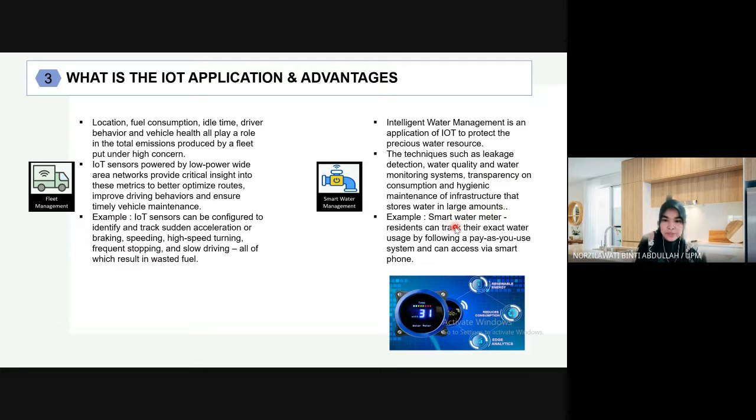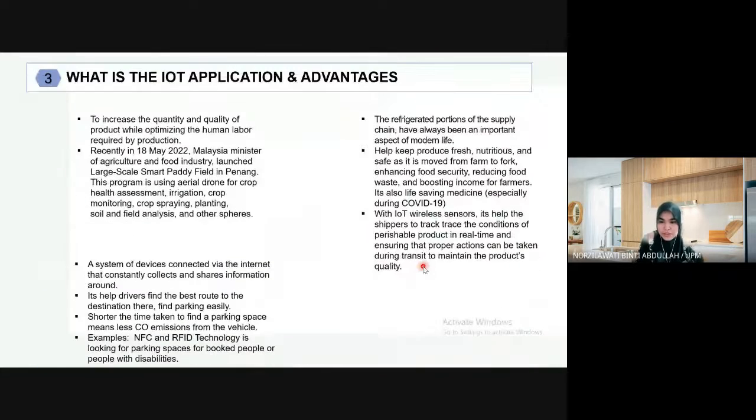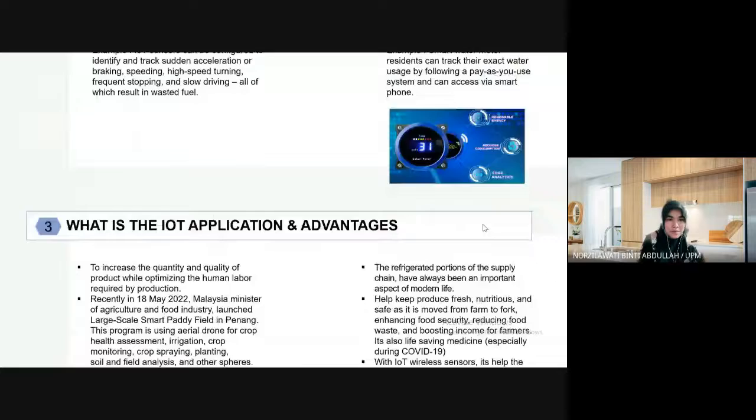Okay, the example for smart water management is a smart water meter, where residents can track their exact water use by using the pay-as-you-use system and can access it via smartphones. Below is the sample of the smart water meter.